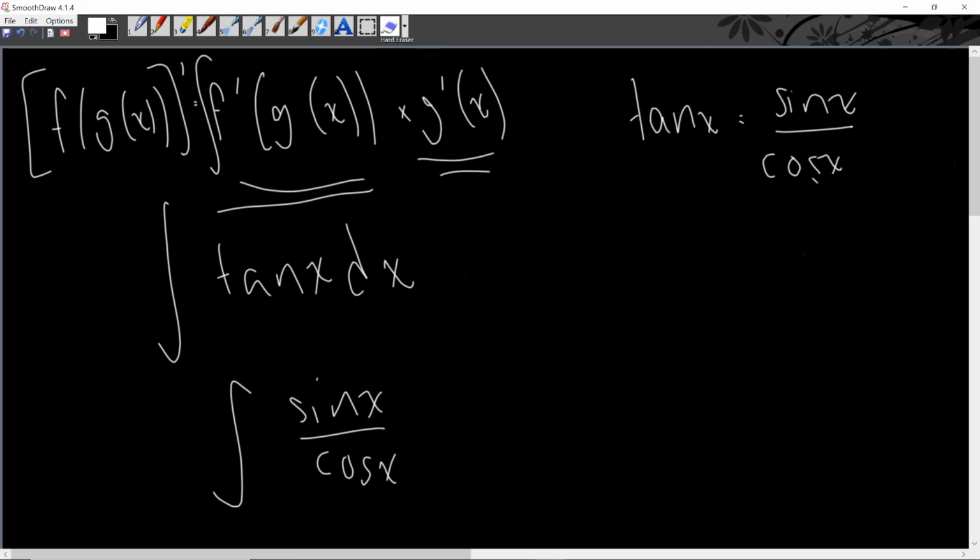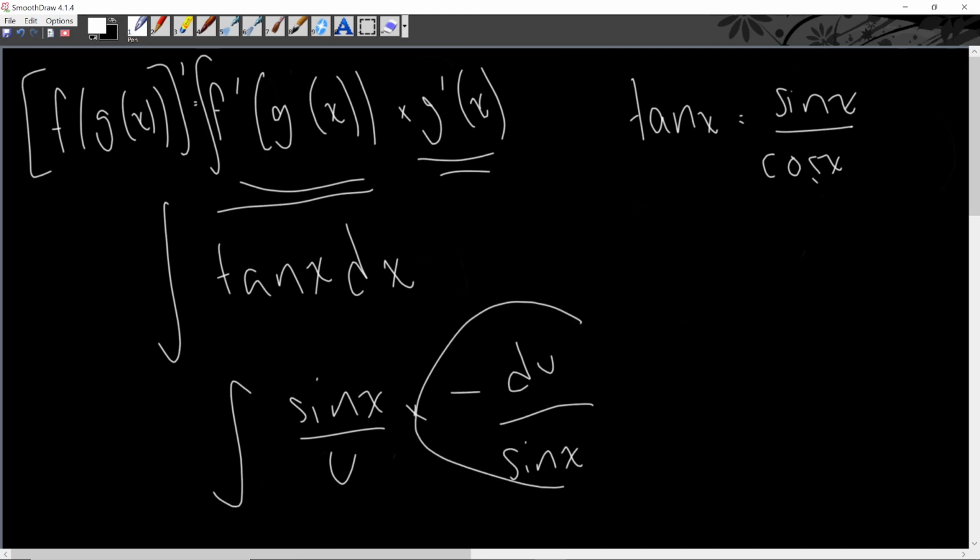This is sine x over cosine x times negative du over sine x. And let's write u for cosine x because we did define cosine x as u.